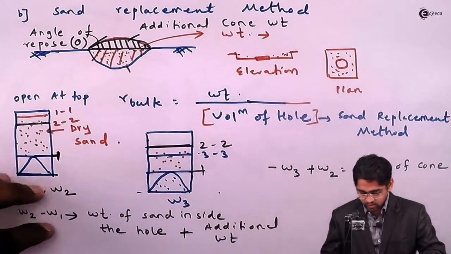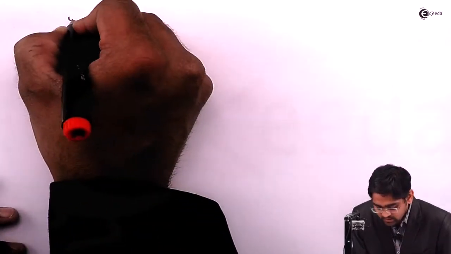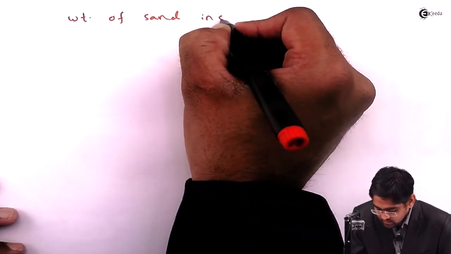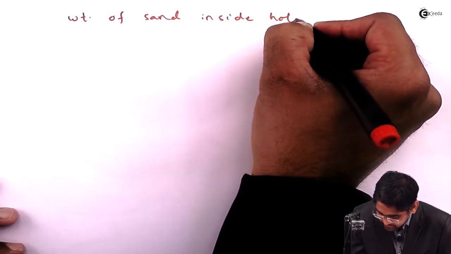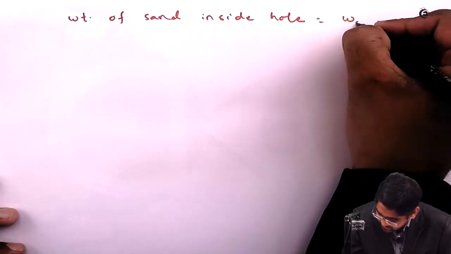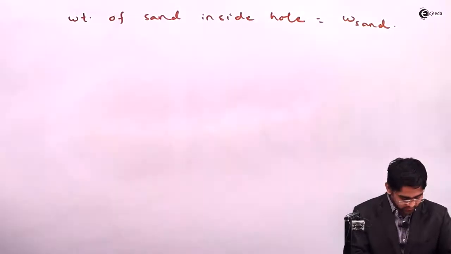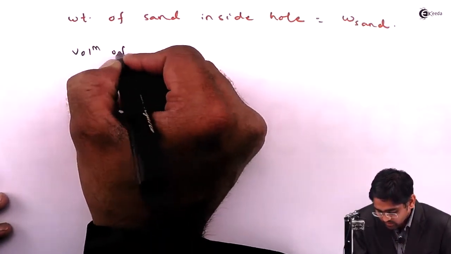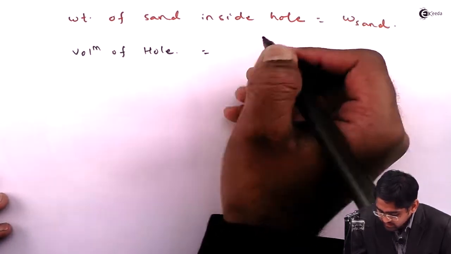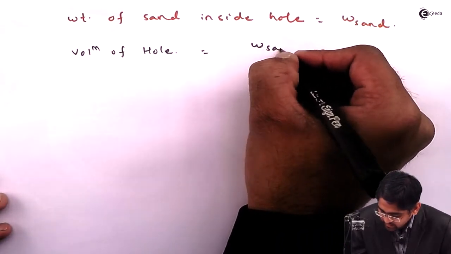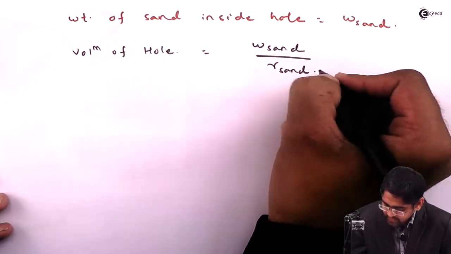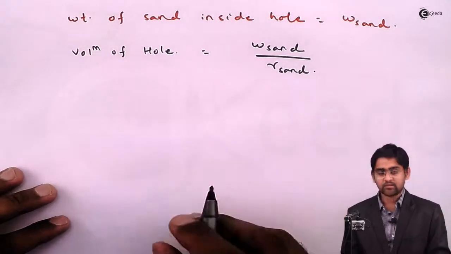So after doing this whole procedure, you will get to know the weight of sand inside the hole. For that, in order to calculate the volume of the hole, you just need to divide this weight by the unit density of dry sand. You will get the volume of the same.